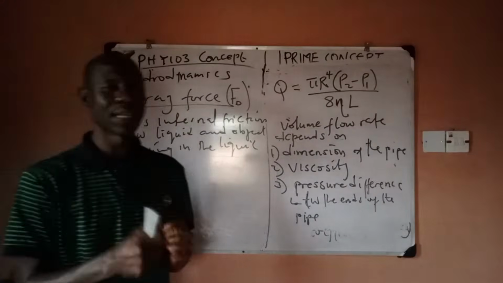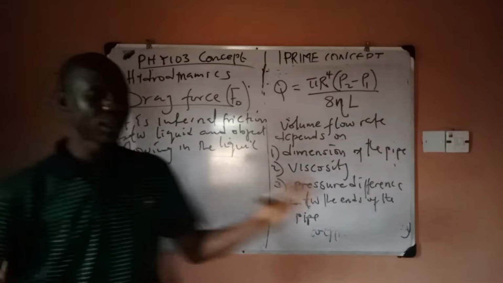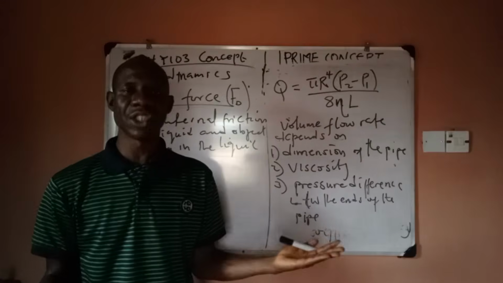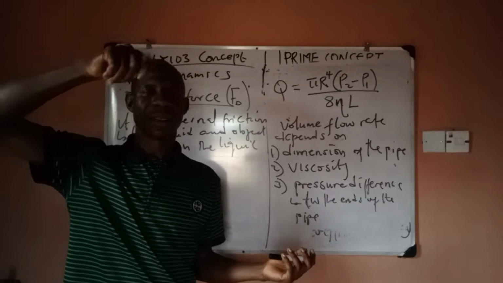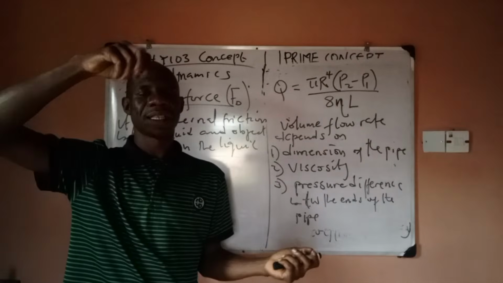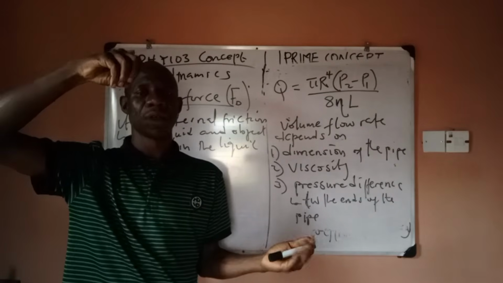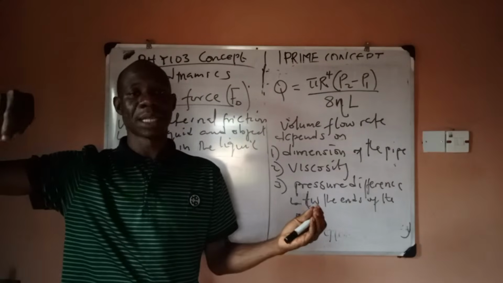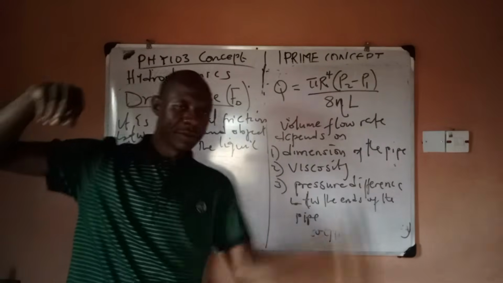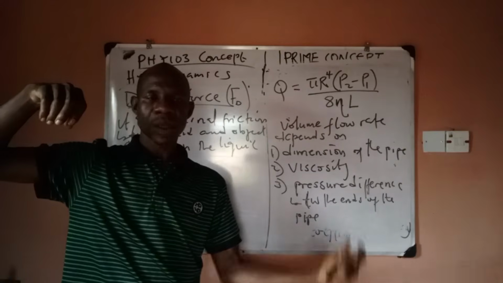It is the resistance. So if you bring two liquids, you bring water and you bring engine oil. If you have a spherical ball, let's say a metal spherical ball, if you drop it in water and drop it in that oil at the same time, you will notice that it would move faster in water. Why?